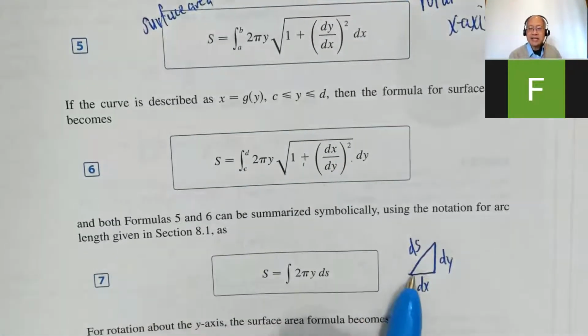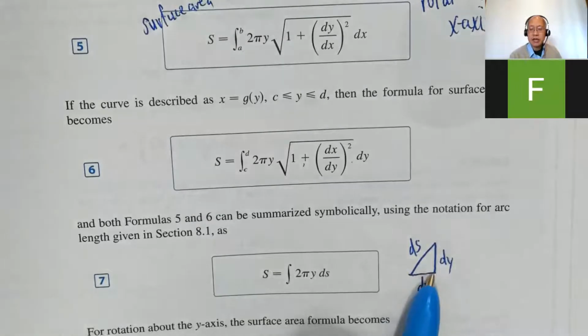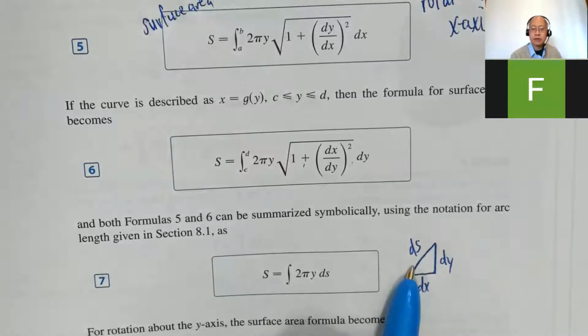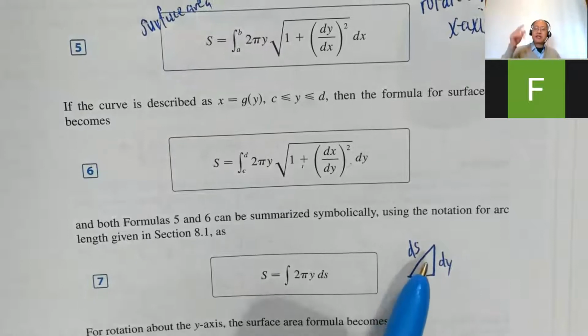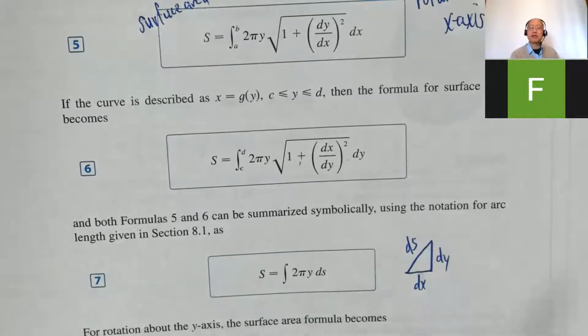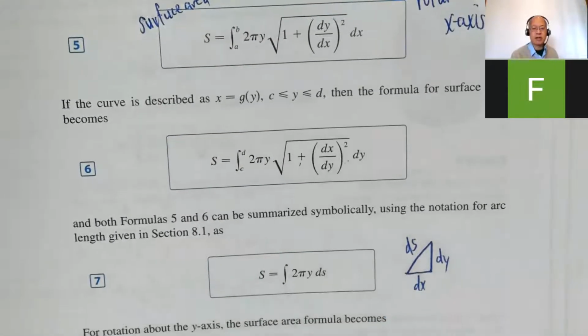Okay, so dx, little tiny change in x. dy, tiny change in y. ds, tiny change in arc length, as it were. And for those of you going on to Calc 3, same thing. You have a dx, dy, dz in 3 dimensions, and you still might have a ds, although in this case it'd be in space.